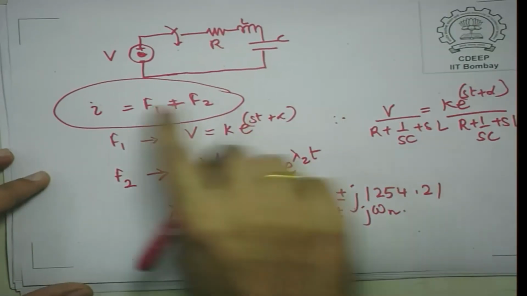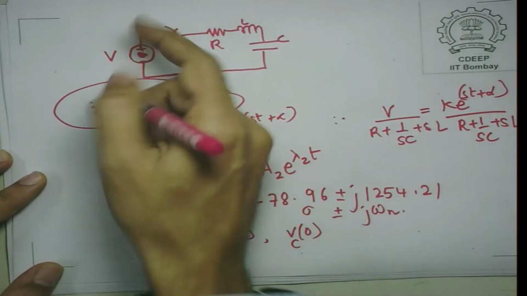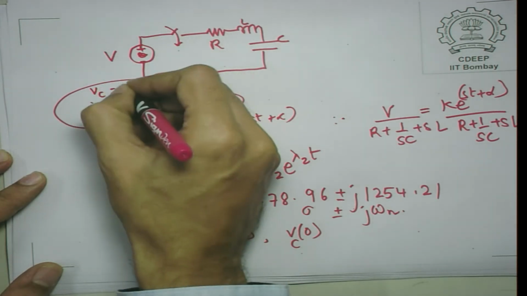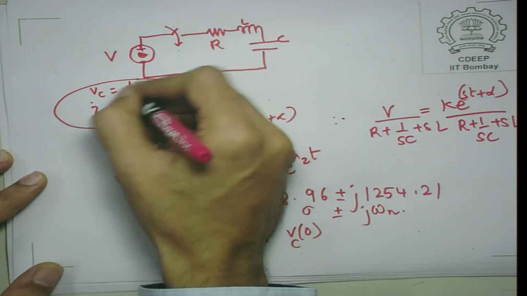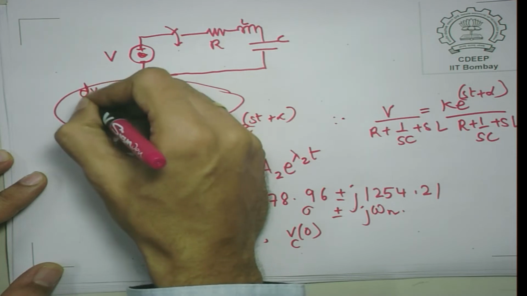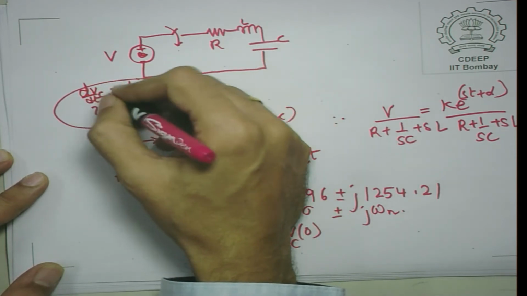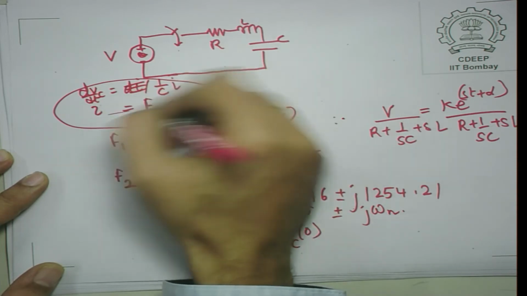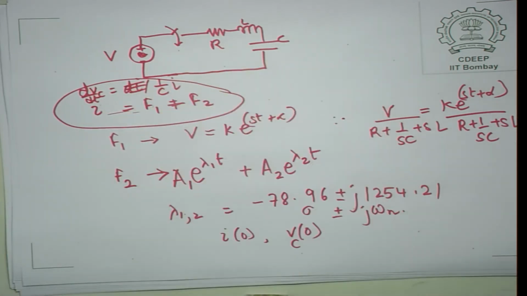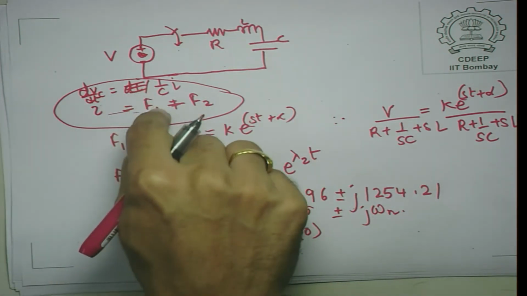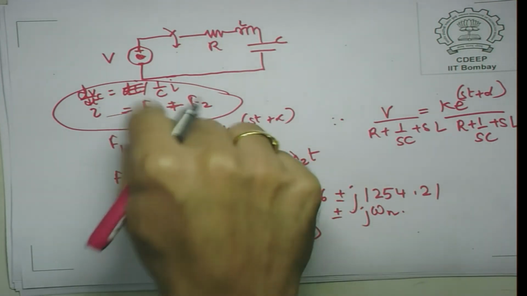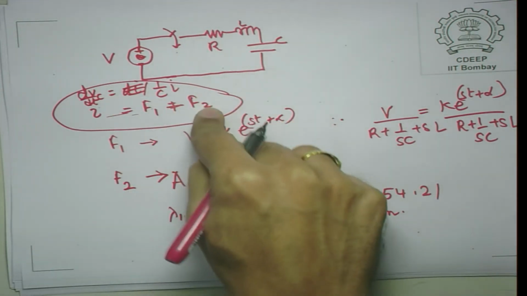Remember, your response of current and of course voltage Vc is such that dVc by dt is equal to 1 by C into I. So, the Vc can be obtained by integrating whatever response you have got. So, the response of the inductor current and the voltage Vc is given by a natural and a steady state response component, a forced response component.